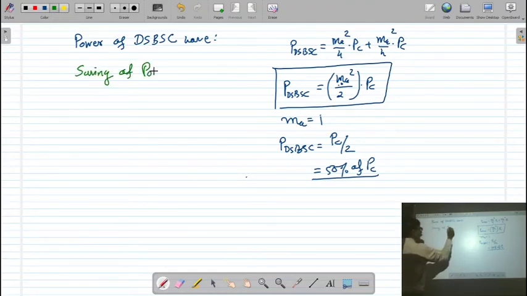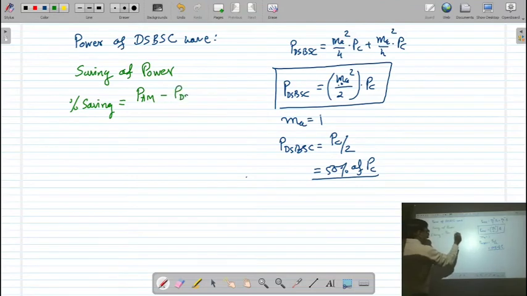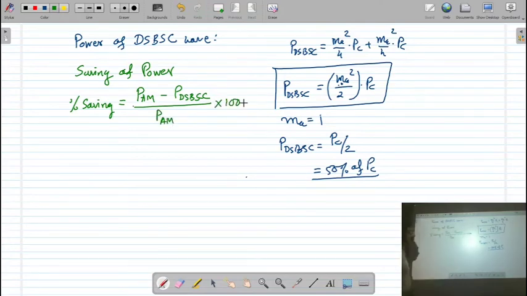If I want to calculate the saving of power, then the percentage of saving of power can be written as the total power minus the power of the DSB-SC wave, divided by the total power, multiplied by 100.